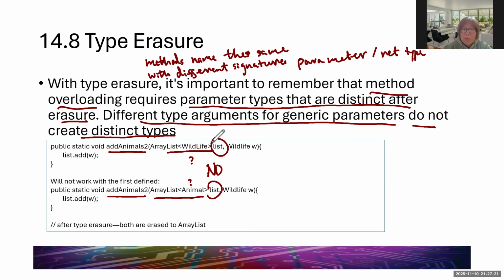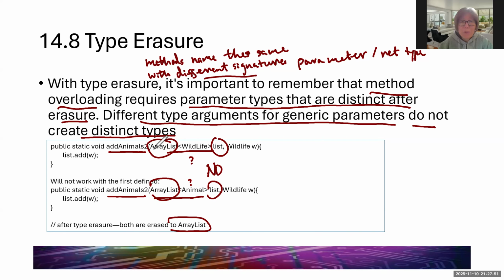Because after we do the type erasure, both will just be erased to ArrayList for this parameter. So then there is no difference, so it cannot meet this different signature requirement. That's not going to work.